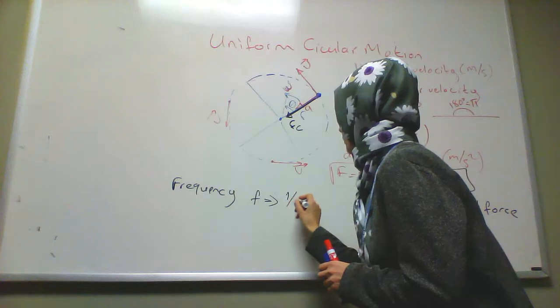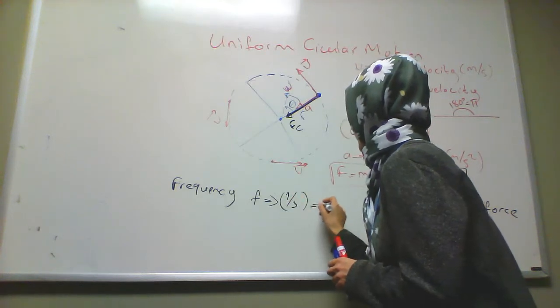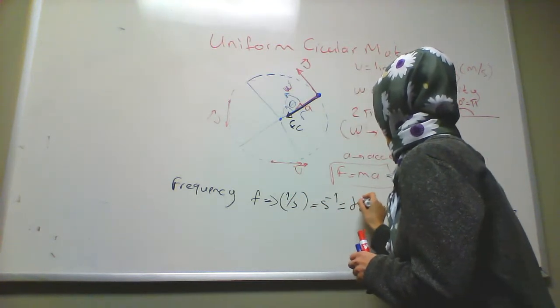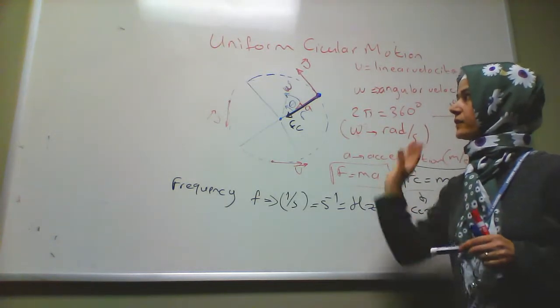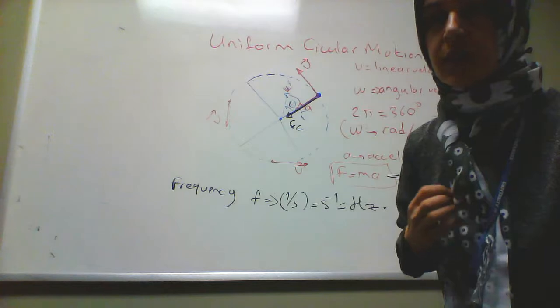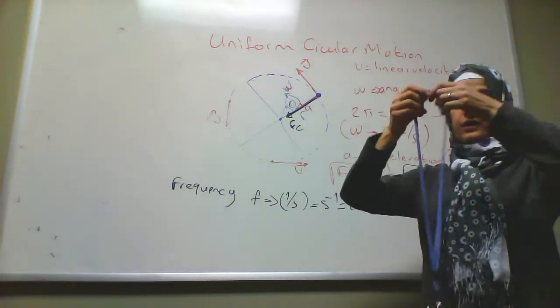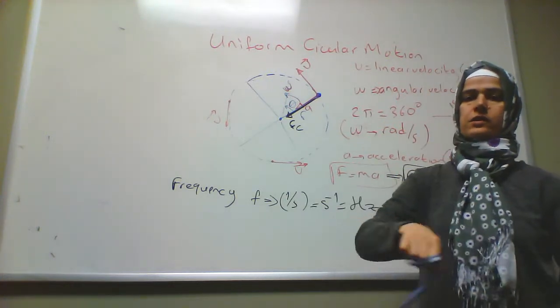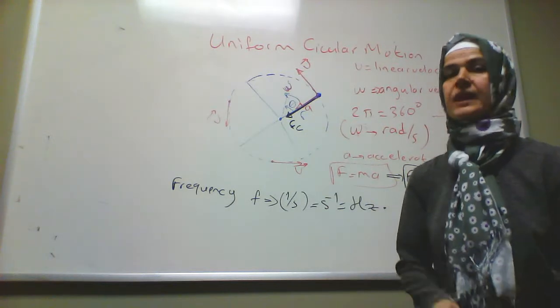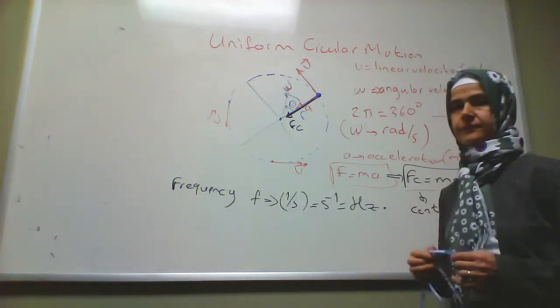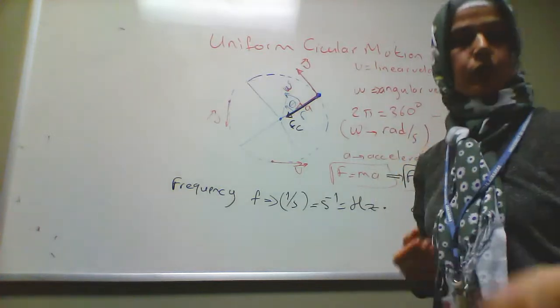And the unit of it is 1/second, or second to the -1, and this is called hertz. So again, for the frequency of the object when it's rotating, there will be a number of rotations per second, and we can easily find it by just looking at the time and seeing how many rotations we have per unit time. And it will be the frequency. Again, the unit is second to the -1.